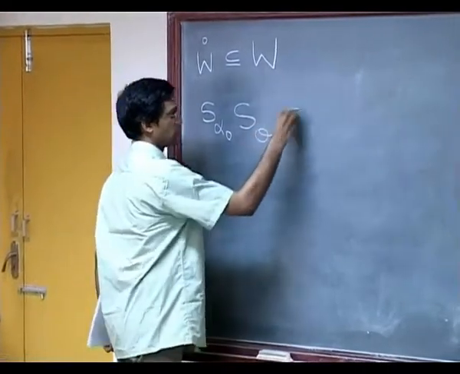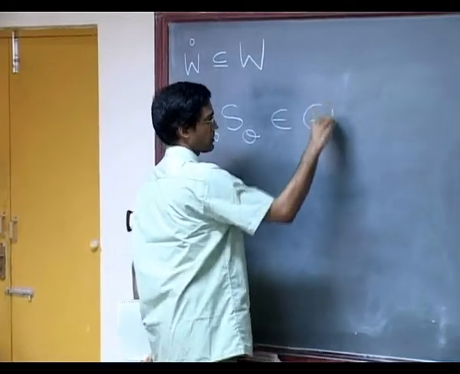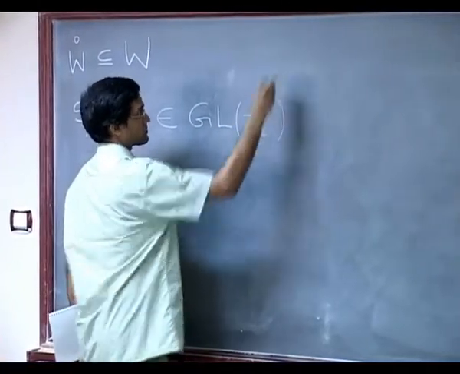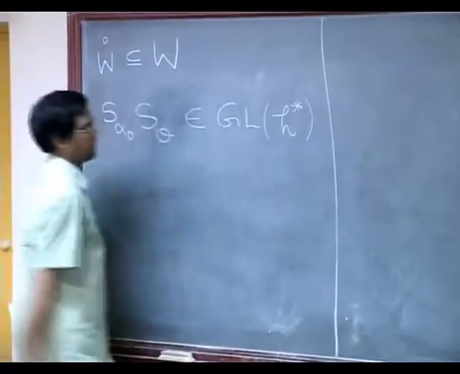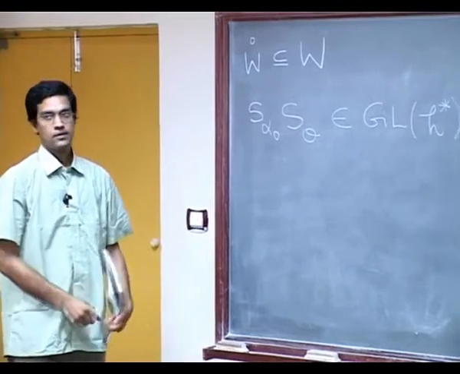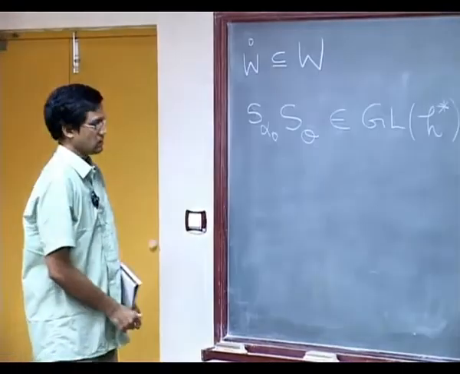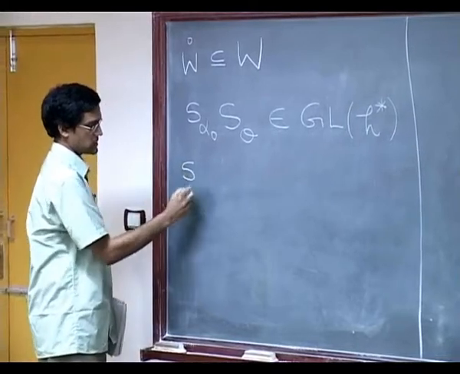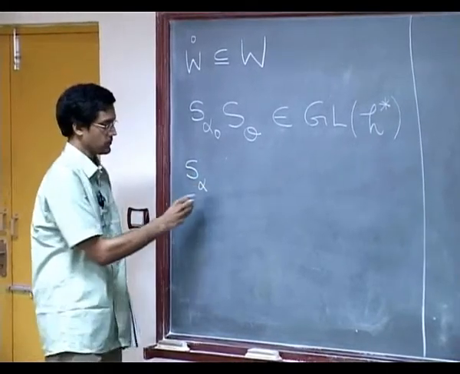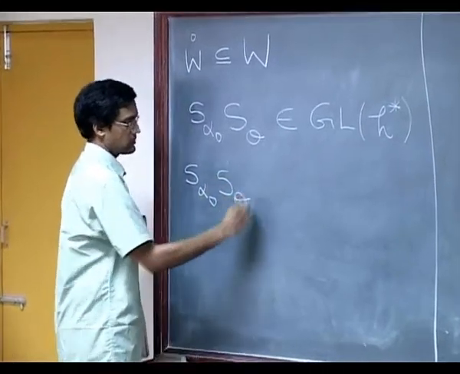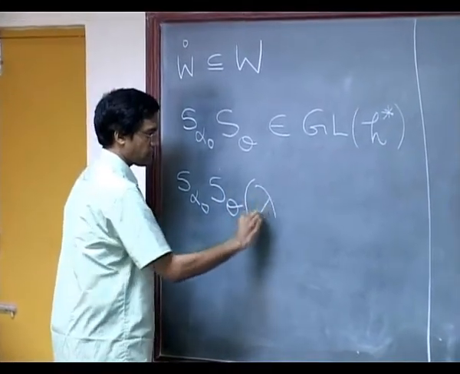After all, this is supposed to be acting on the full space H star, and what I want to do is write out explicitly the formula for that action. So, let us just calculate, this is a nice computation. Let us compute S alpha naught S theta acting on any element lambda of H star.